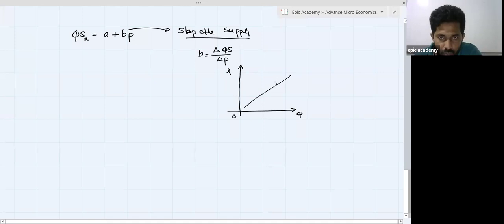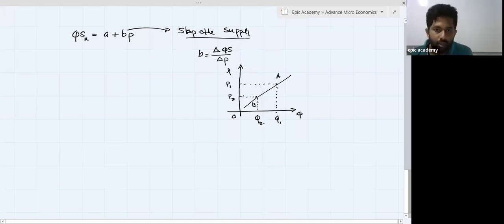If I put two values, point A and point B, this is P1, this is P2, this is Q2, and this is Q1. Here, B means the slope of the curve, and it can be identified using these values.